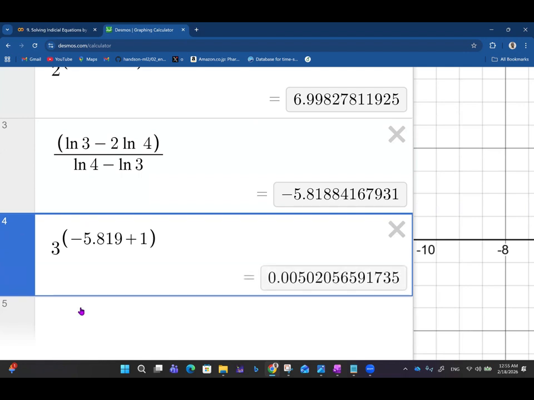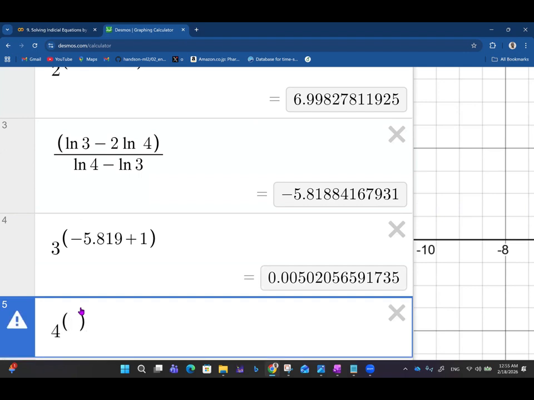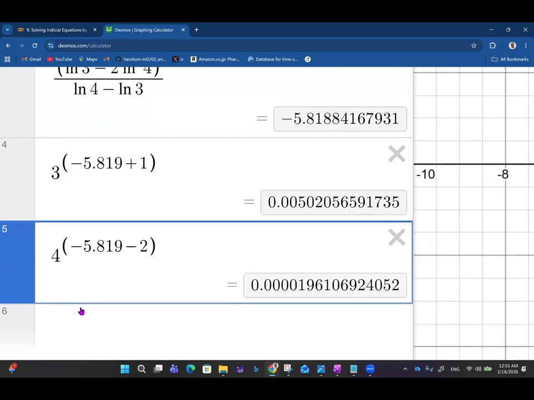And on the other hand, we have 4 raised to the power x minus 2, that's minus 5.819 minus 2.